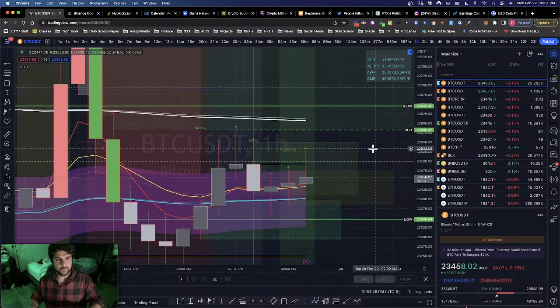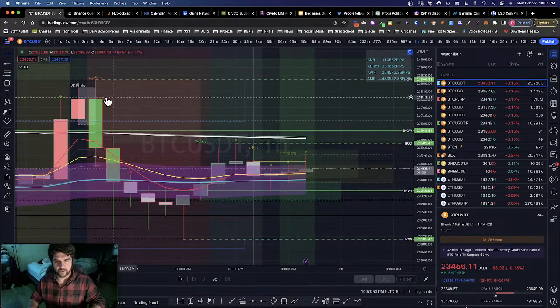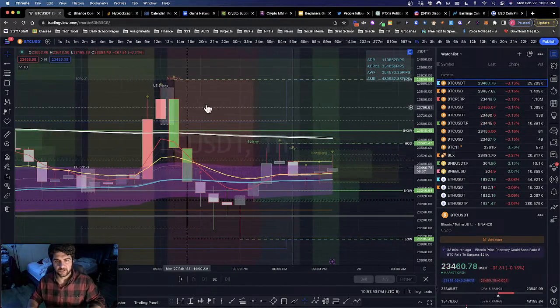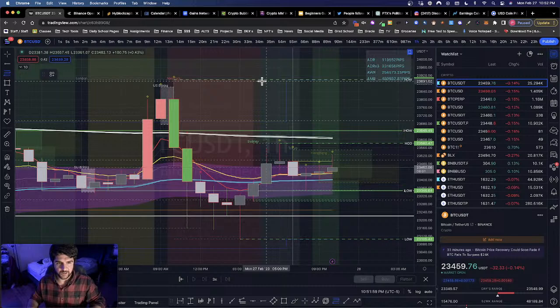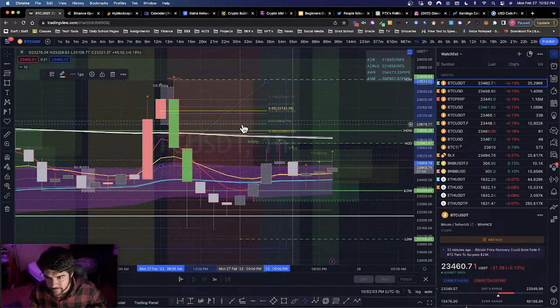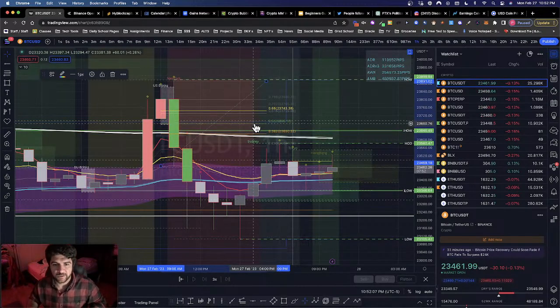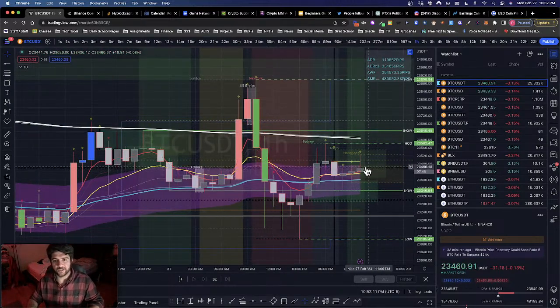Just be mindful that on your 1 hour time frame you have this big green vector up here. It's very possible that you can come up to about 23.6 and take the rest of the vector on the 1 hour time frame. Be mindful of that.